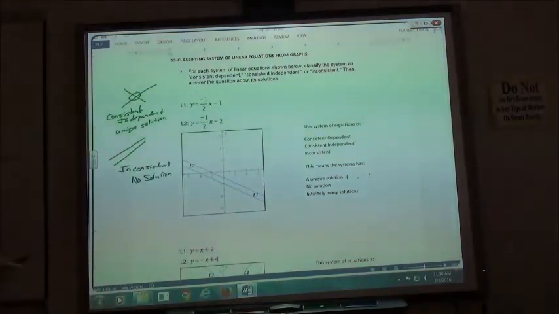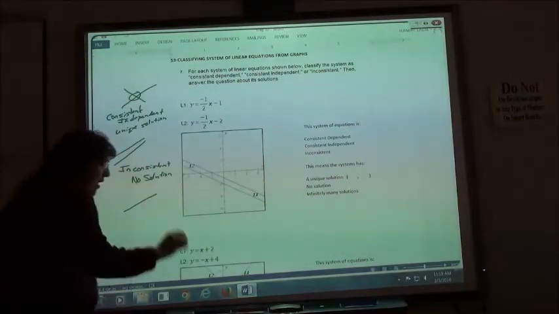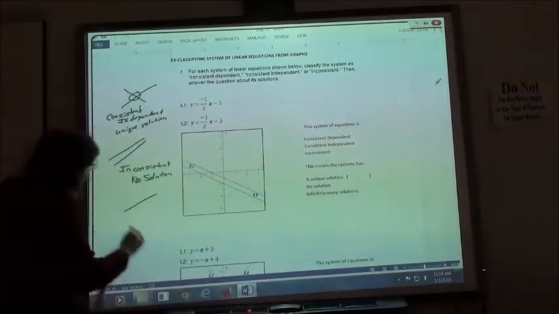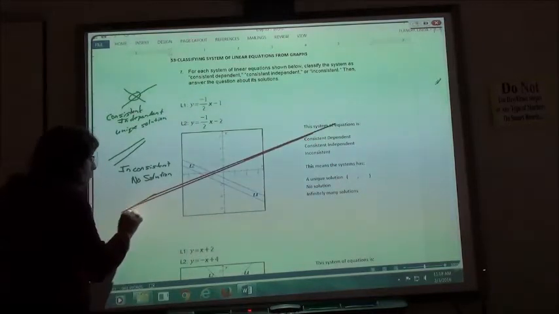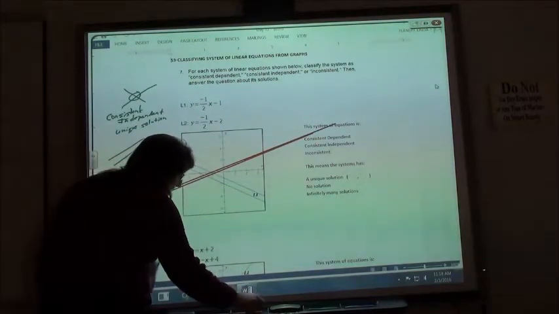Third way I could have two lines is if I have one line and my other line happens to be exactly on top of that line. Whoa, my line went crazy.